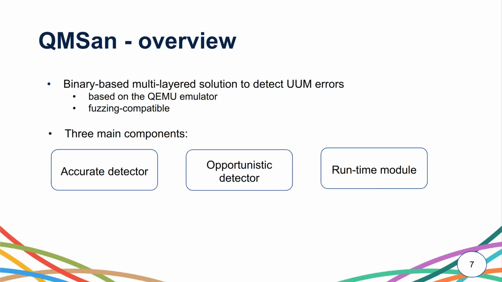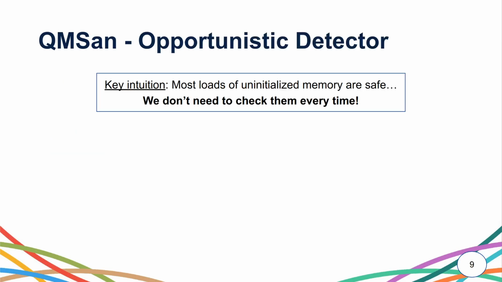And lastly, it has an opportunistic detector, which is a new UUM error detector, which is very fast but also very inaccurate. This opportunistic detector is based on the key intuition that most loads of uninitialized memory are safe. Most of them come, for example, from optimization, from low-level tricks that do not really result in use of uninitialized memory errors.